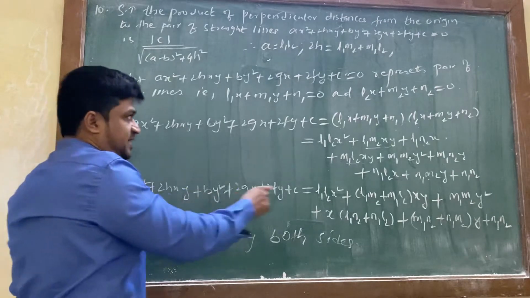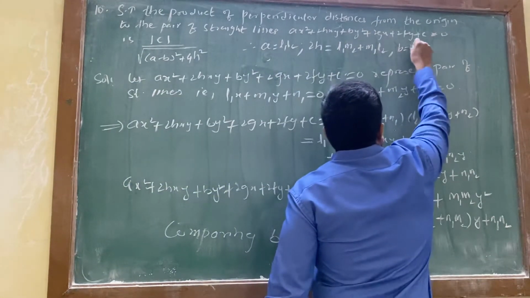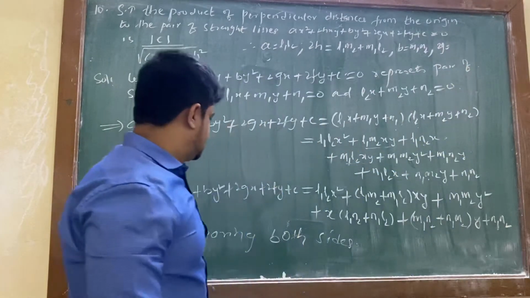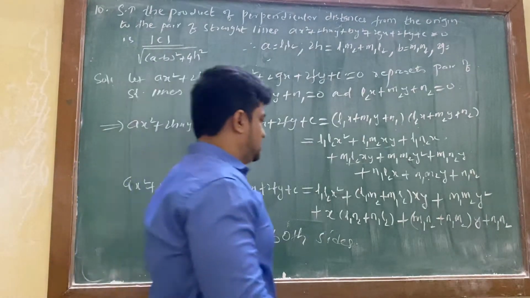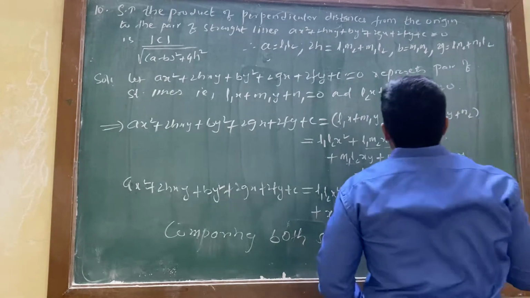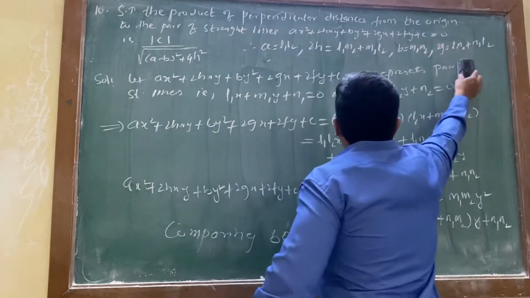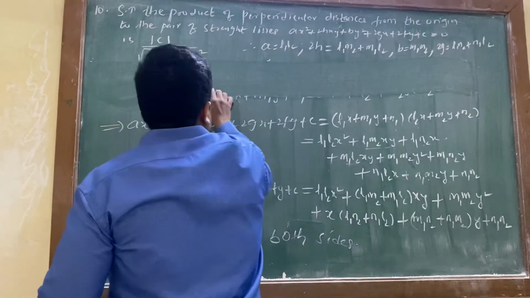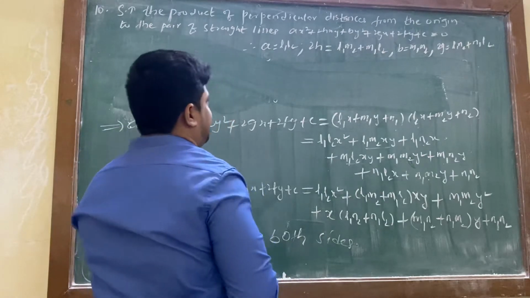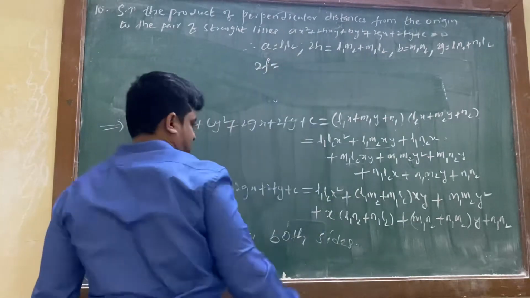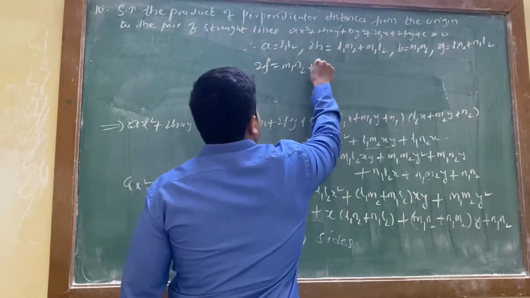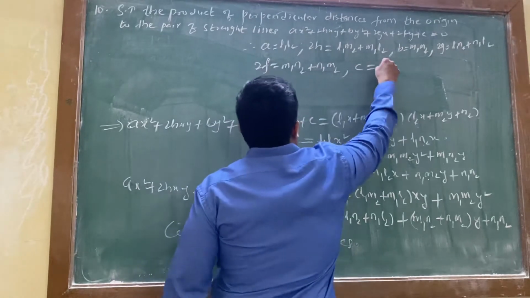Y square: B is M1 M2. Then 2G is L1 N2 plus N1 L2, 2F is M1 N2 plus N1 M2, and C is equal to N1 N2.